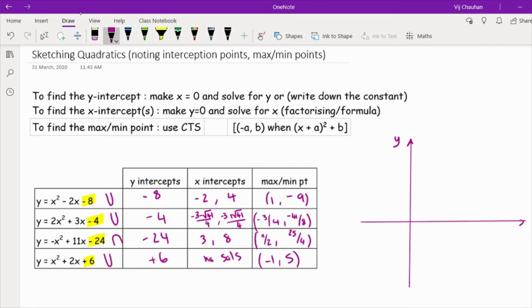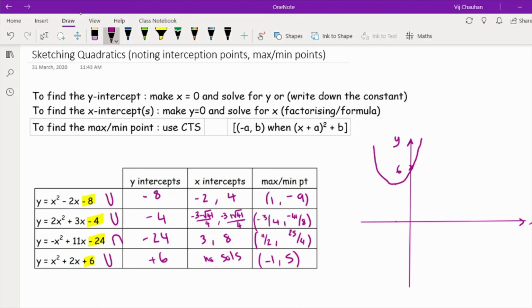And so from the information, because obviously I don't have a complete set of 3 numbers to work from. Now I know that this parabola is going to cross at 6, so if I just mark that as 6, and I know that the minimum point is at -1, 5. So -1 along the x-axis is going to be round about there, and 5 is going to be roughly about there. So what this will look like is it will look something like that.